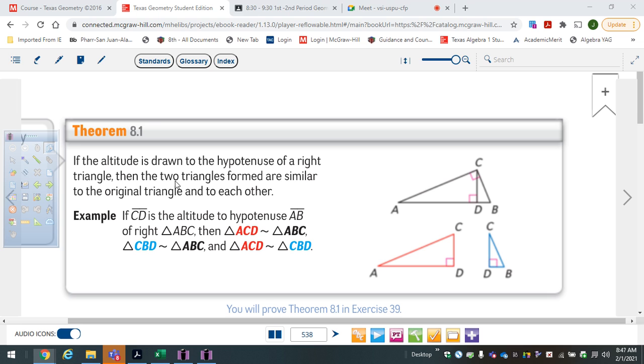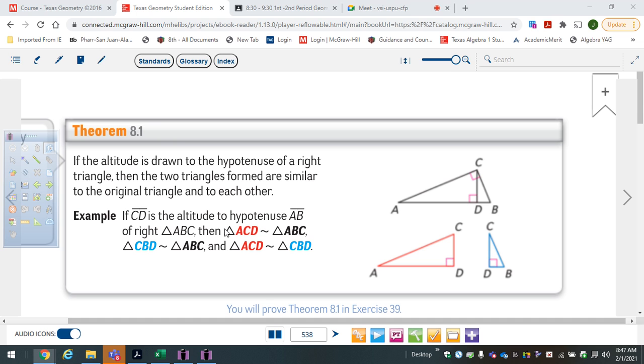So it says, then the two triangles formed are similar. Similar, what that meant was, remember, that the corresponding angles are the same, and the corresponding parts are proportional. So here it goes.